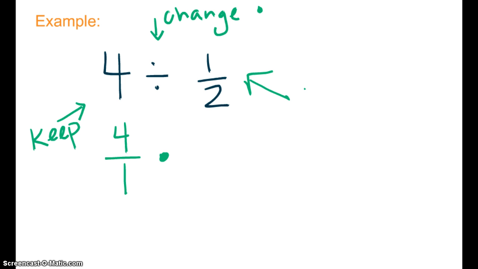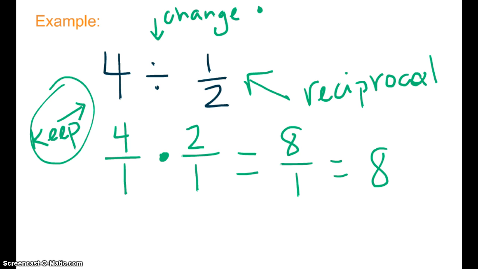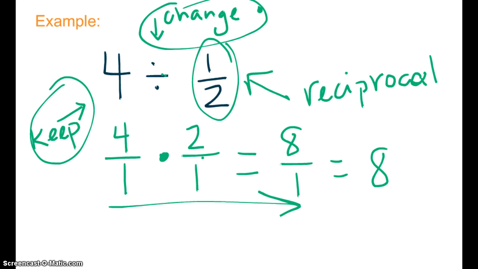And we are going to find the reciprocal of the second number, 4 over 1 times 2 over 1. So that becomes 8 over 1, which is 8. So that first value always stays the same. Divide changes to multiply, and you find the reciprocal of your second value and multiply straight through.